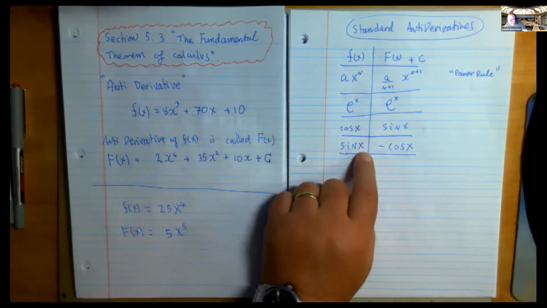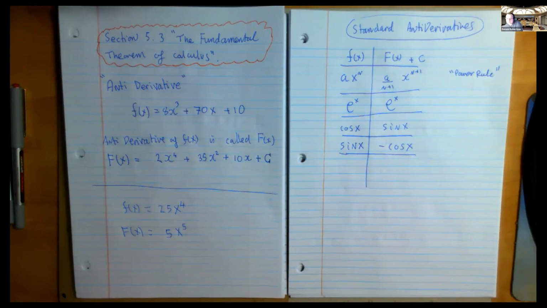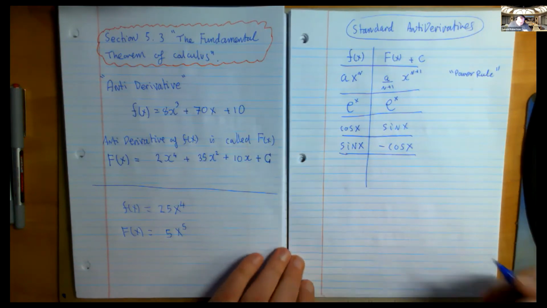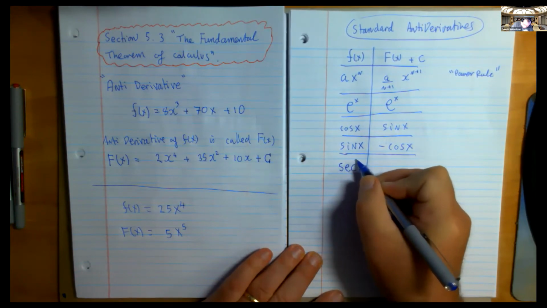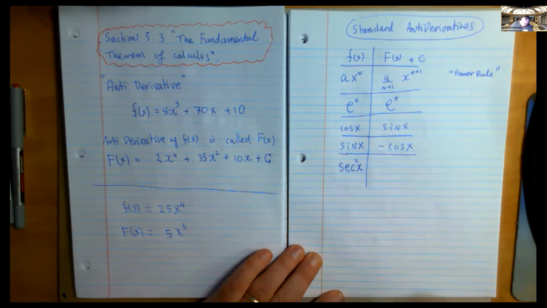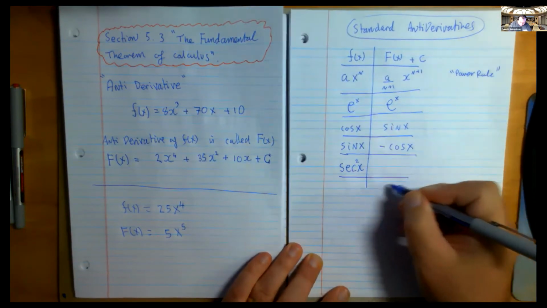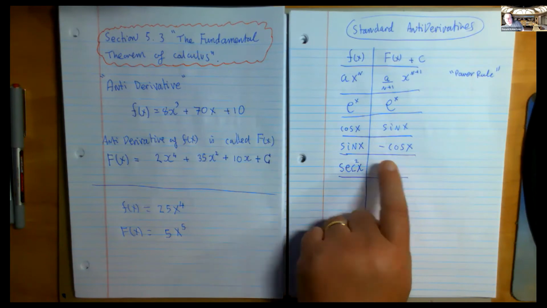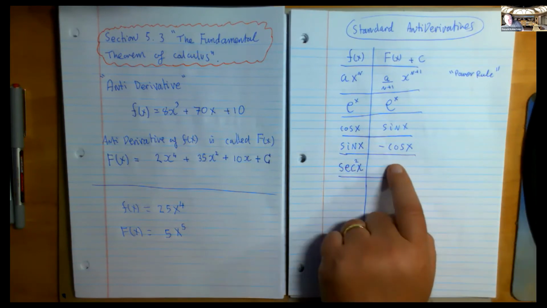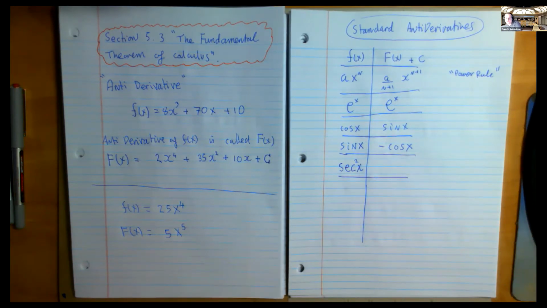Those are pretty standard. Now we're going to get to some less common ones. There's a function out there whose derivative is secant squared. What would you need?